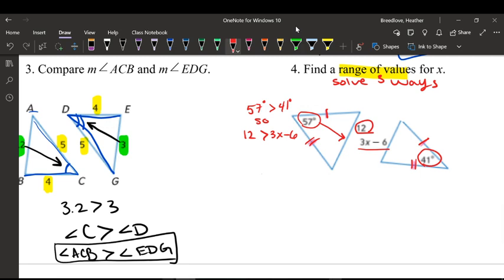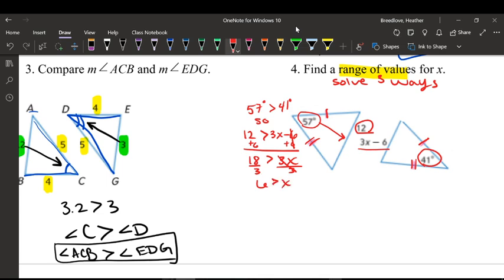And then to solve it, I'm going to add 6. Solve it just like you would solve an equation. 12 plus 6 is 18. 18 is greater than 3x. If I divide by 3 to get x by itself, 18 over 3 is 6. So 6 is greater than x.